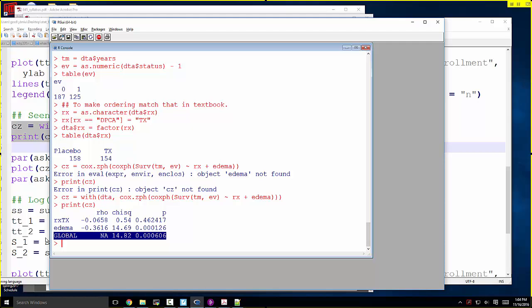And because it appears like definitely not for edema, the global p-value is pretty small too. So if I wanted to fit a Cox proportional hazards model for treatment group and edema, I have a problem because of this. The interpretability of the model is suspect, questionable, because one of the key assumptions of the model does not appear to hold. The effect of edema does not appear to be constant in time.